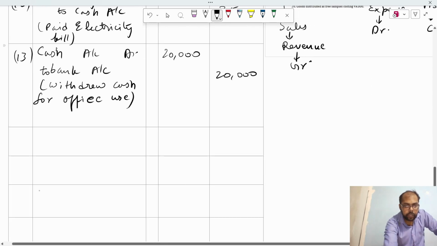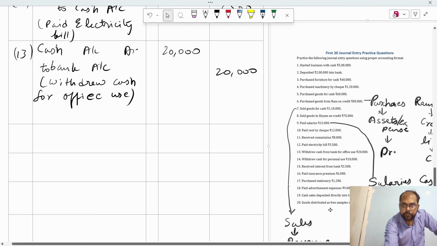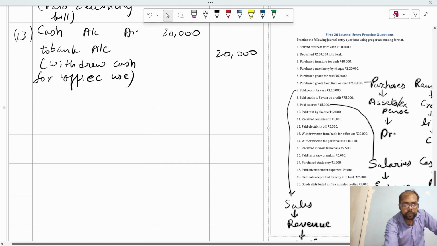Now, the next one is withdrew cash for personal use. Here we need to be very careful.